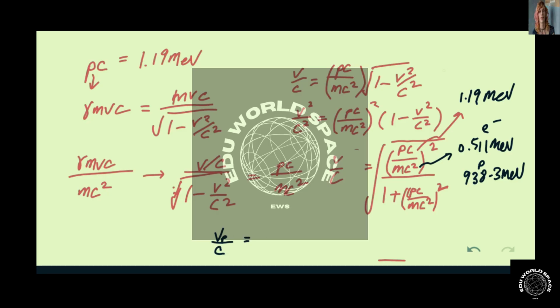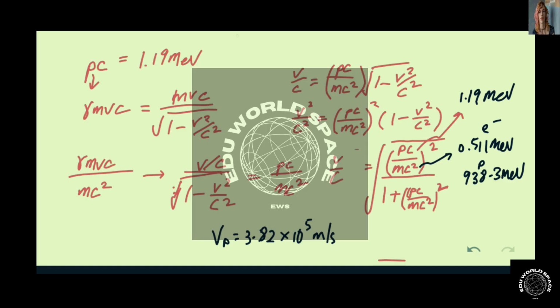And so for protons, you should get a value of 3.82 times 10 to the power of 5 meters per second.